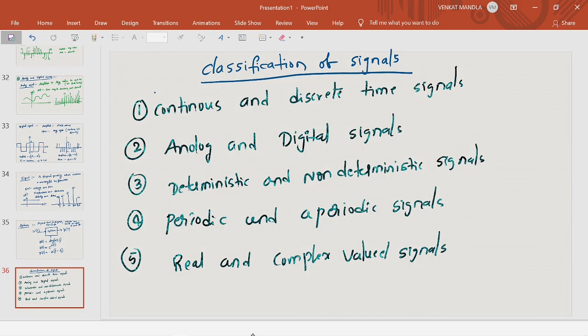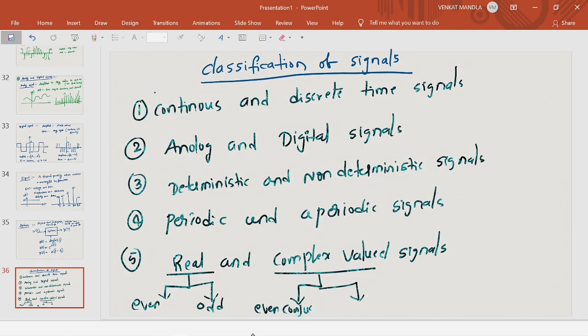And in this, in real case, even and odd signals, and in complex case, even conjugate and odd conjugate.